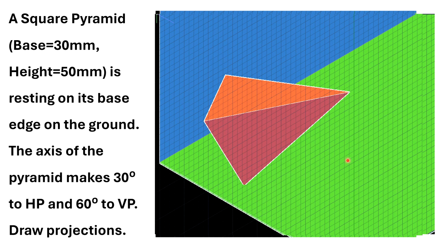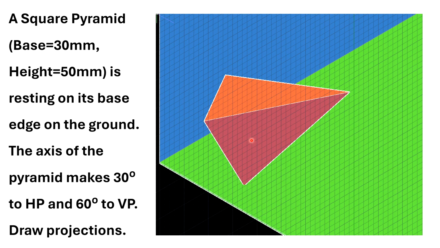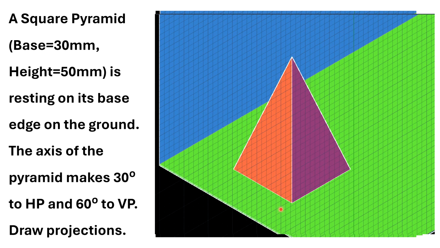In this final position of the solid, I need to draw the projections. But in this view, you can't draw the front view and top view, so you need to start with the first stage only. That means you need to go back from this stage, again by 60 degrees, to the 30 degrees inclination with the horizontal plane, and now this is the first stage.